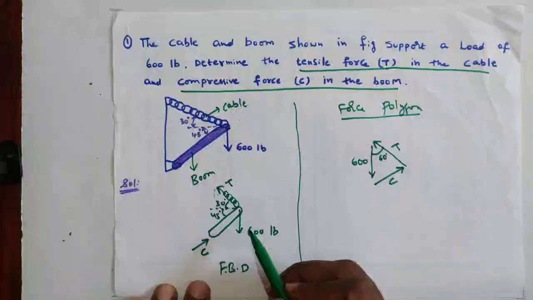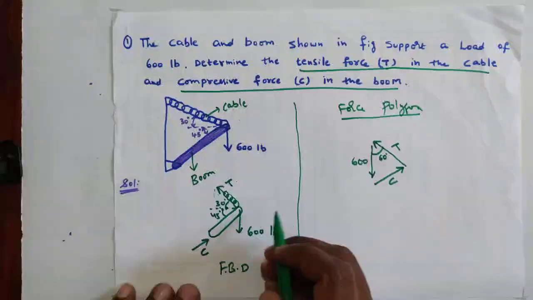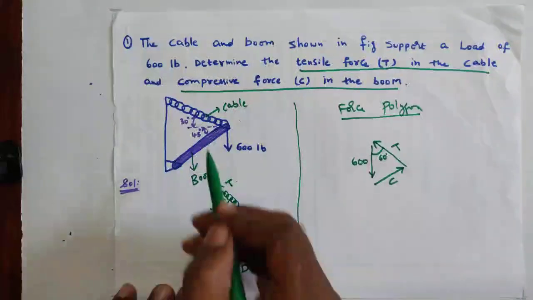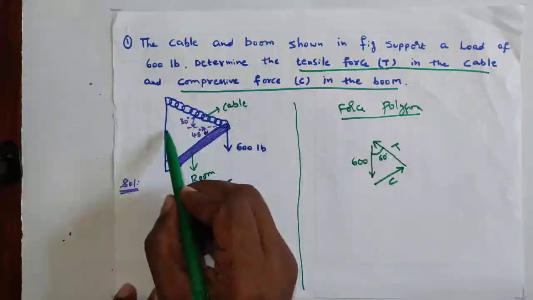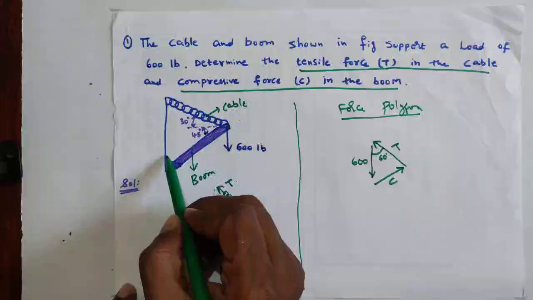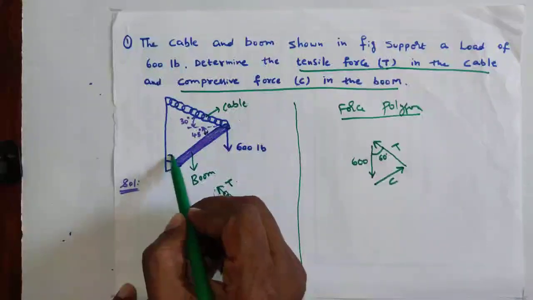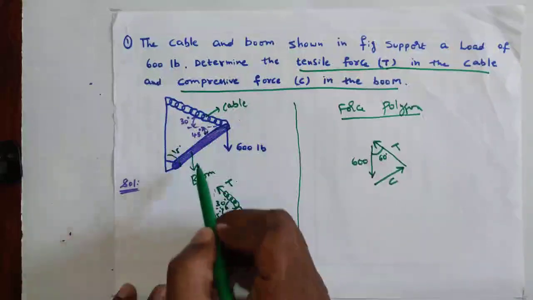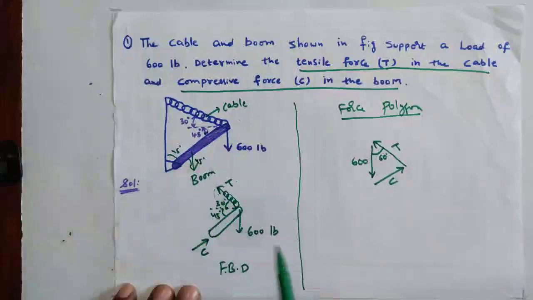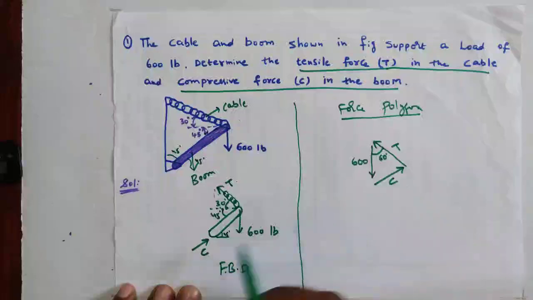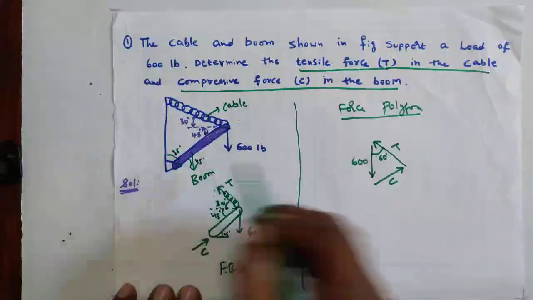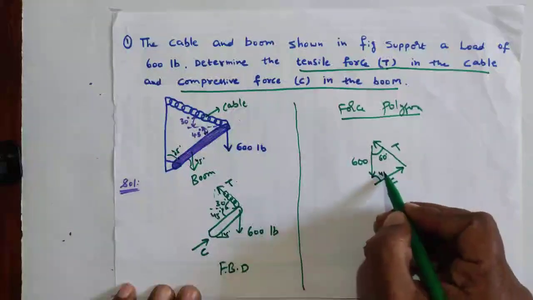Here, this boom angle is already 45 with the horizontal. So here it will be 90 degrees and here 45 degrees. If this is 45 degrees, this will also be 45 degrees, so this boom makes 45 degrees with the horizontal. Here I am writing 45 degrees.